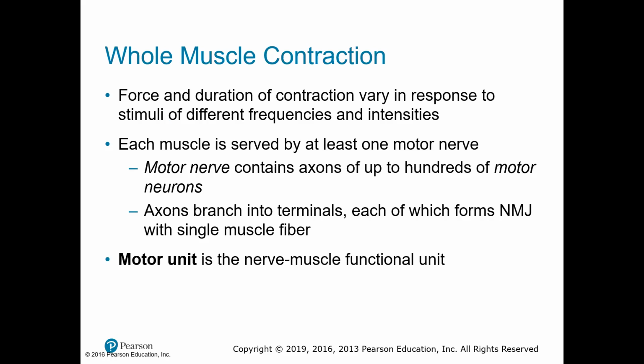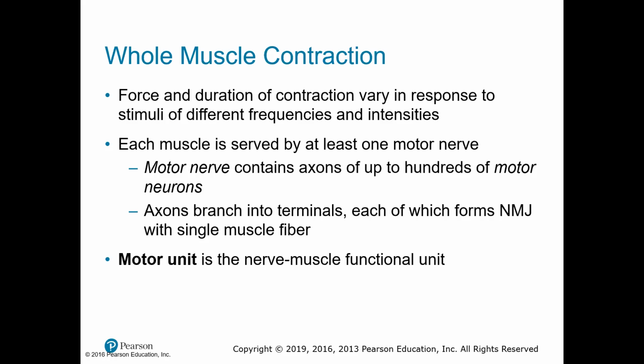The motor nerve can break up into numerous axons, which then lead to the actual motor neurons, the individual cells, and each cell can have axon terminals. Generally, we like to say that we have one motor neuron to about 300 or so muscle cells. So one motor neuron can control about 300 muscle cells.